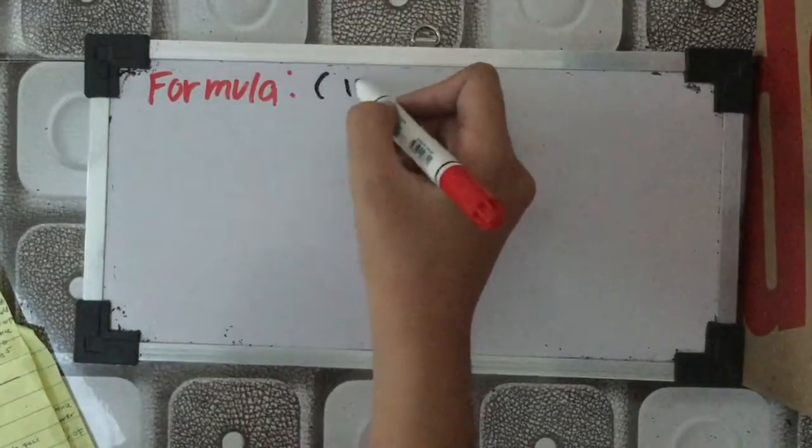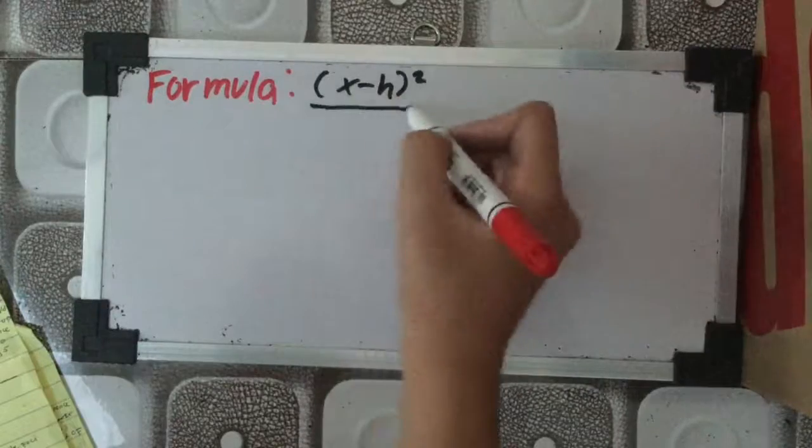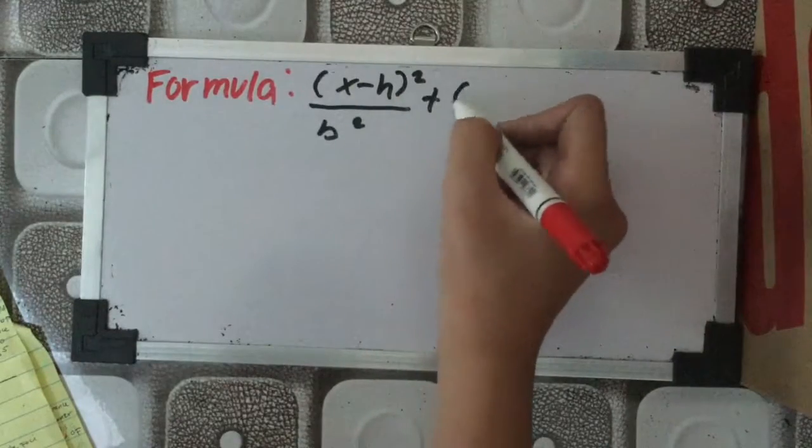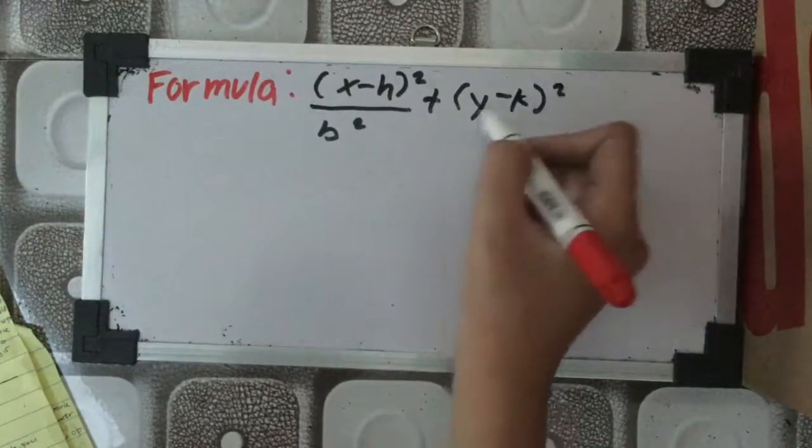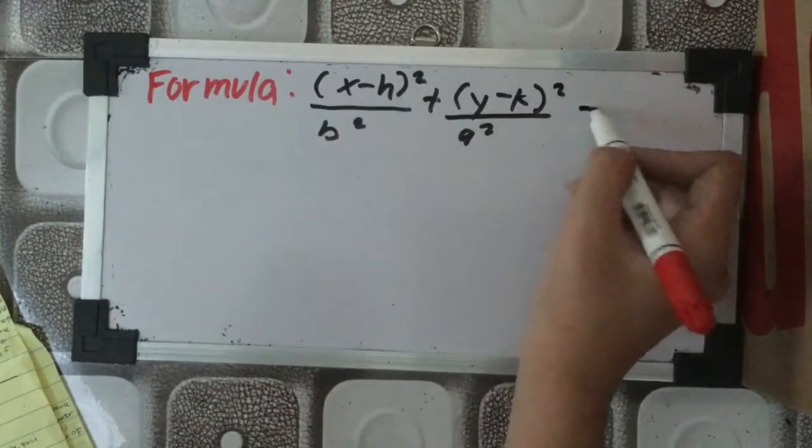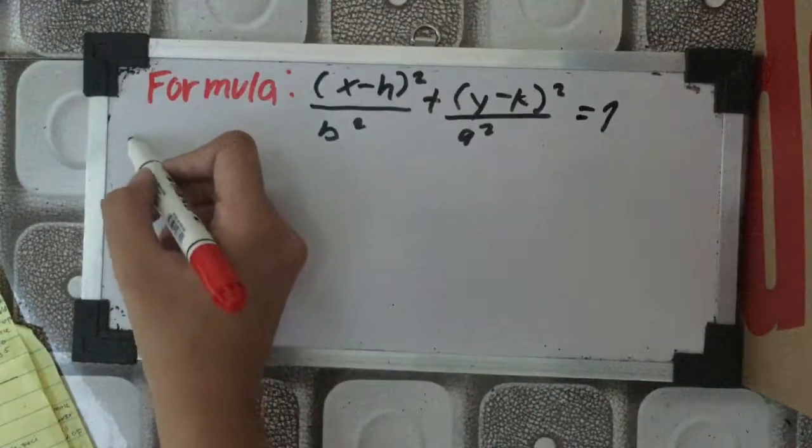As you can see, the formula is the quantity (x minus h) squared over b squared plus the quantity (y minus k) squared over a squared equals 1.